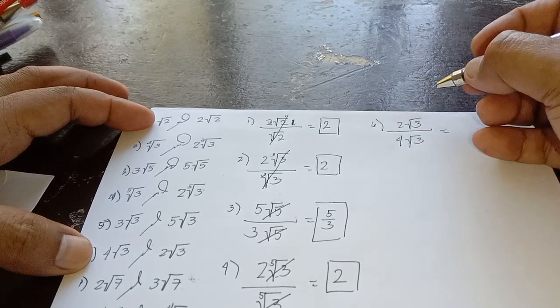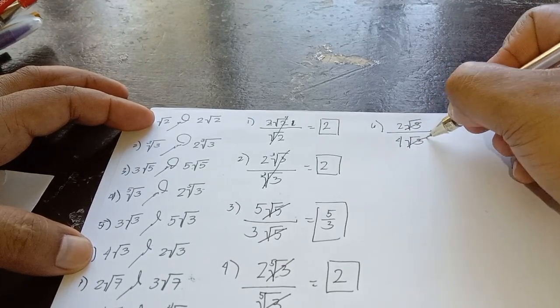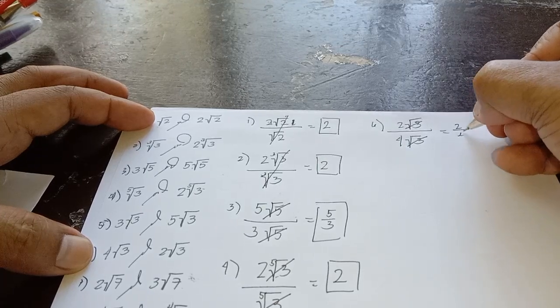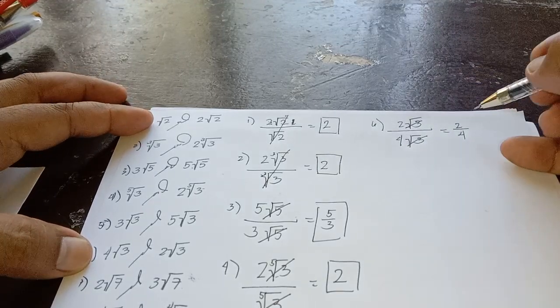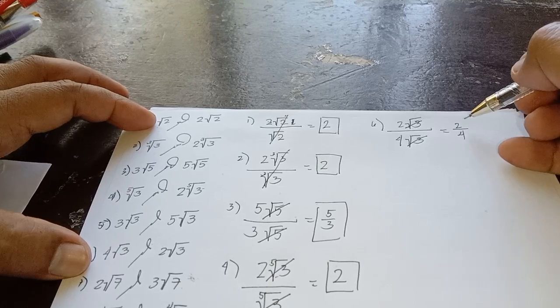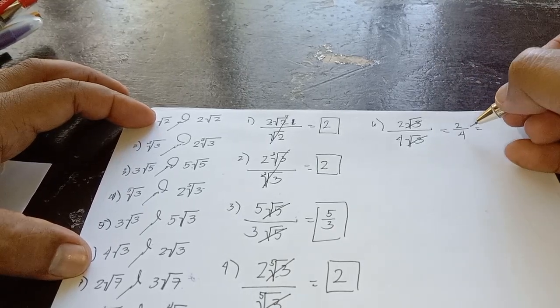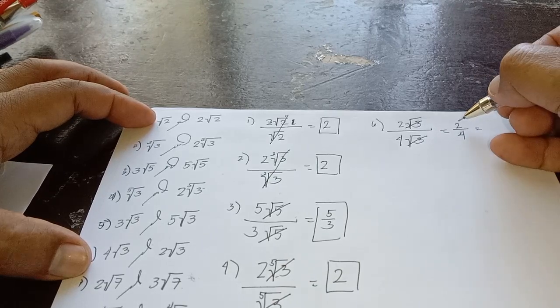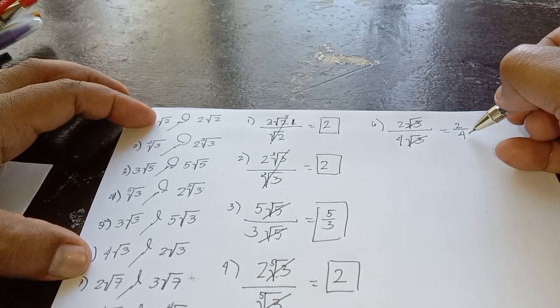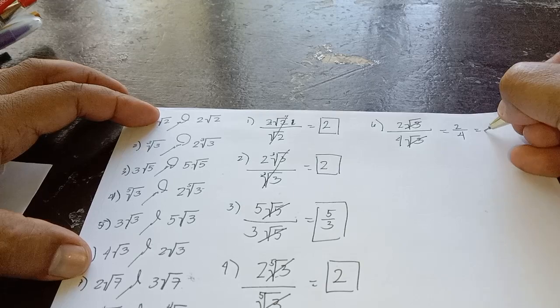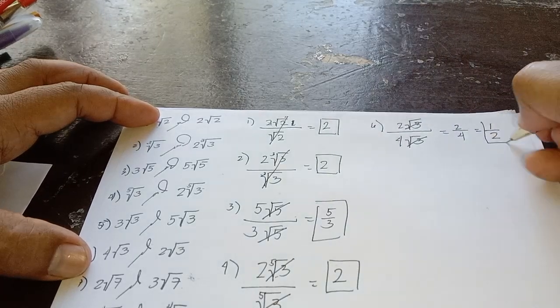Again, just cancel the square root of 3. What remains is 2 over 4. Again, in number 6, 2 over 4 can still be simplified. We reduce the fraction to lowest terms, because 2 is divisible by 2 and 4 is also divisible by 2. So our answer is 1 over 2, or one half.